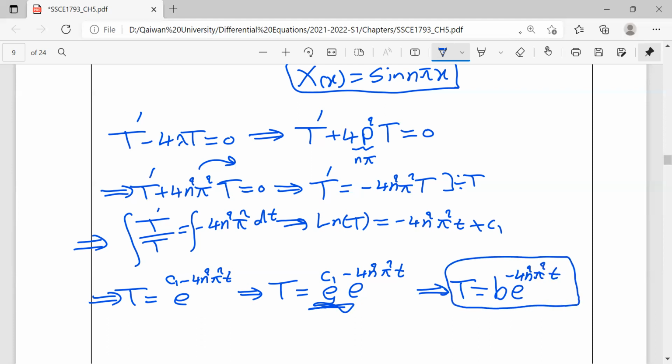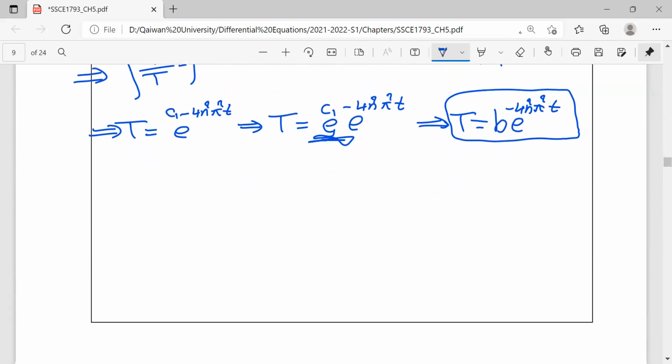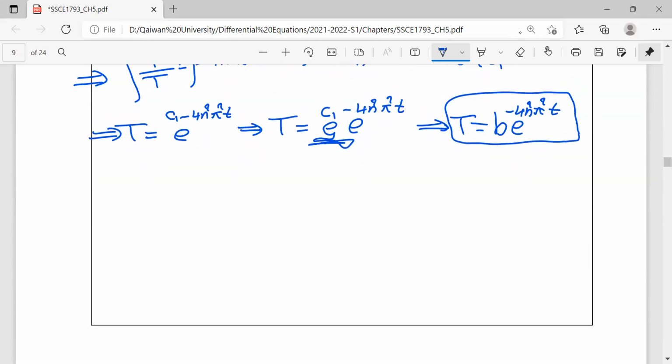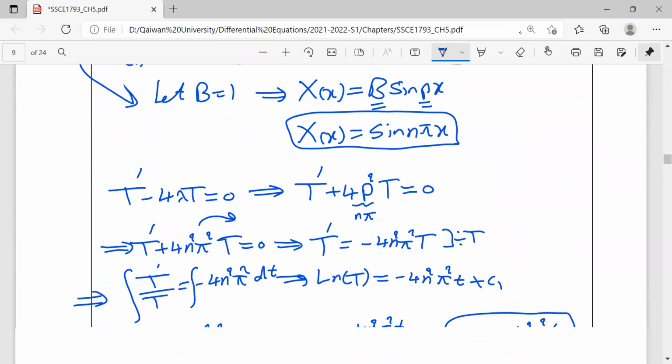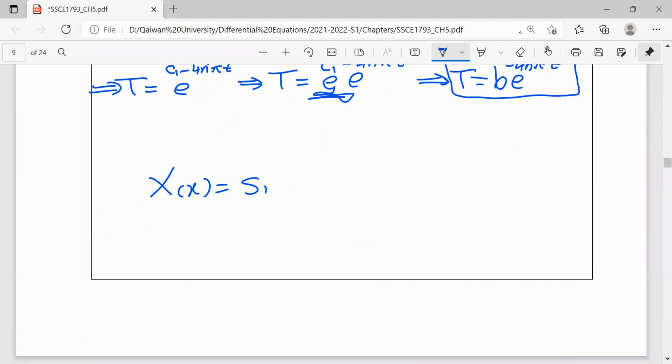This is t. So now we have x and t. The multiplication of them, which is not zero, is a non-trivial solution for u. So the solutions are X of x is sine n pi x, and T of t is b e to the power -4 n squared pi squared t.